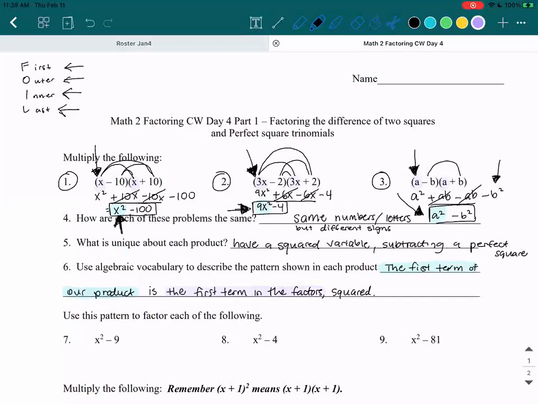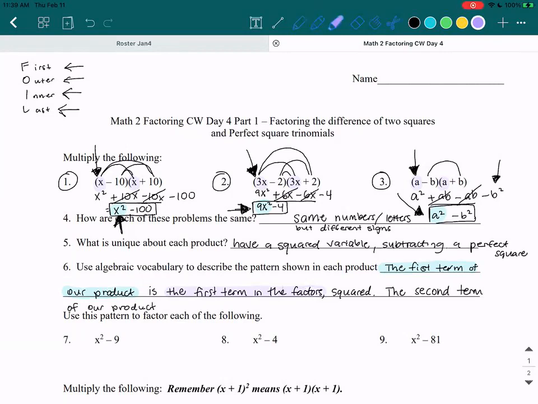And then we can use another sentence, and we're going to write that sentence really squishly. We're going to use another sentence to describe that same pattern for the second term of our product. The second term of our product. Okay, and then what is the second term of our product?